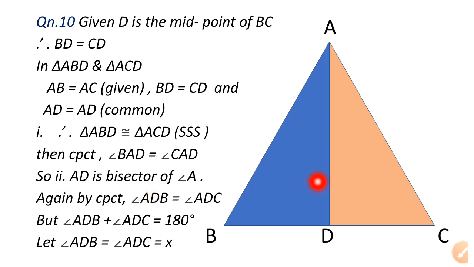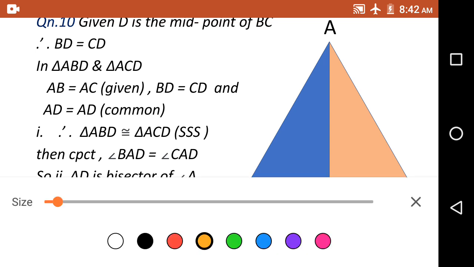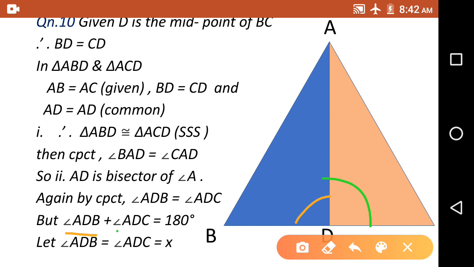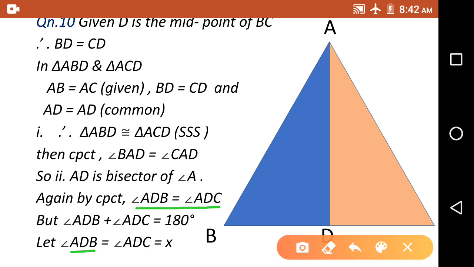These two angles are equal because they are corresponding angles. So angle ADB is equal to ADC, and as BC is a side, that means it is a line, the total angle on the line is 180 degrees. So when this part and this part are added, you will get 180 degrees. Clear? As those are equal, we can take those as x.